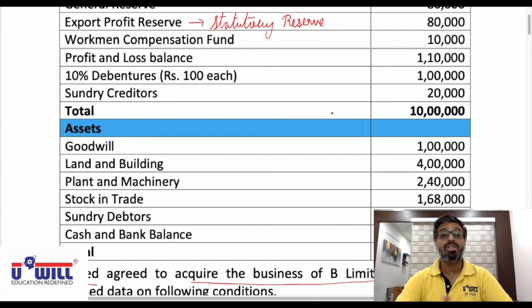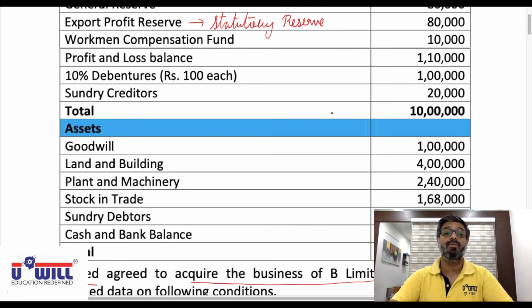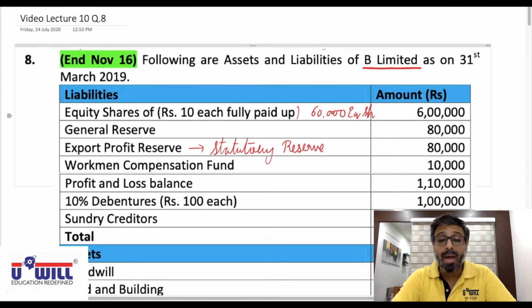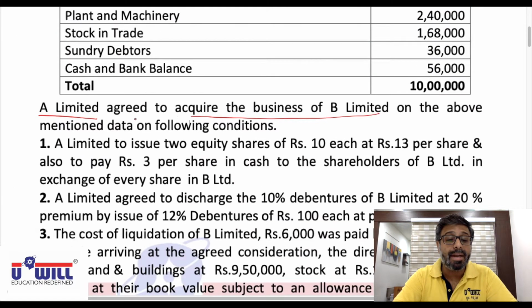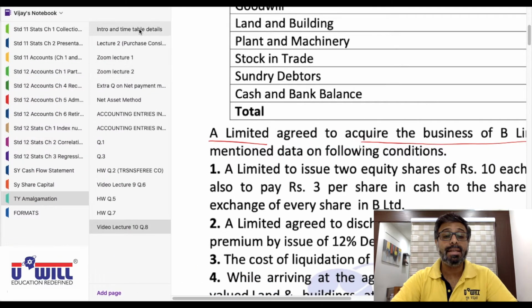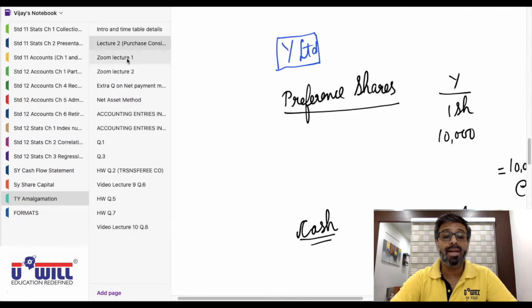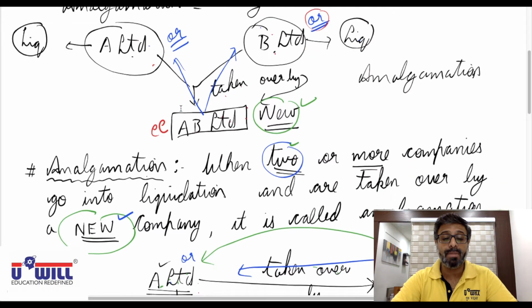In all the past questions, two companies were going into liquidation and a third company was formed. Here only one company, B, is going into liquidation and A Limited agreed to acquire the business of B Limited. This is absorption. All of you must be able to recollect this. It is absorption. We studied this in the first lectures, if you remember.